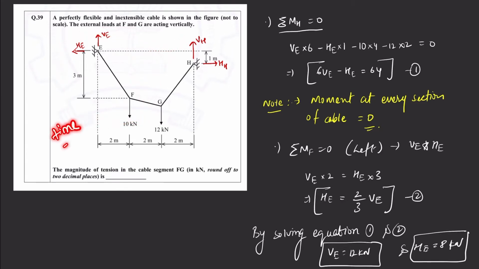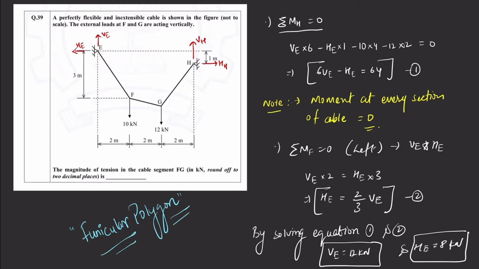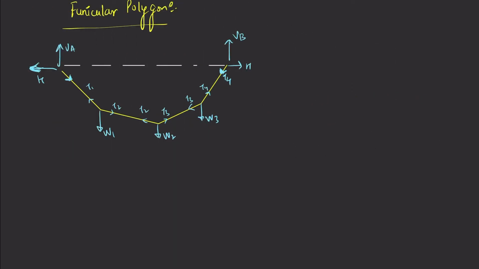So in order to escape from this time-taking process, I'll explain one more method named the Funicular Polygon, which is a very strong method to find the tensions at any section of the cable. Though it's your choice which method you want to go for, I'll recommend the Funicular Polygon for competitive exams like GATE. So let us quickly understand the Funicular Polygon concept.